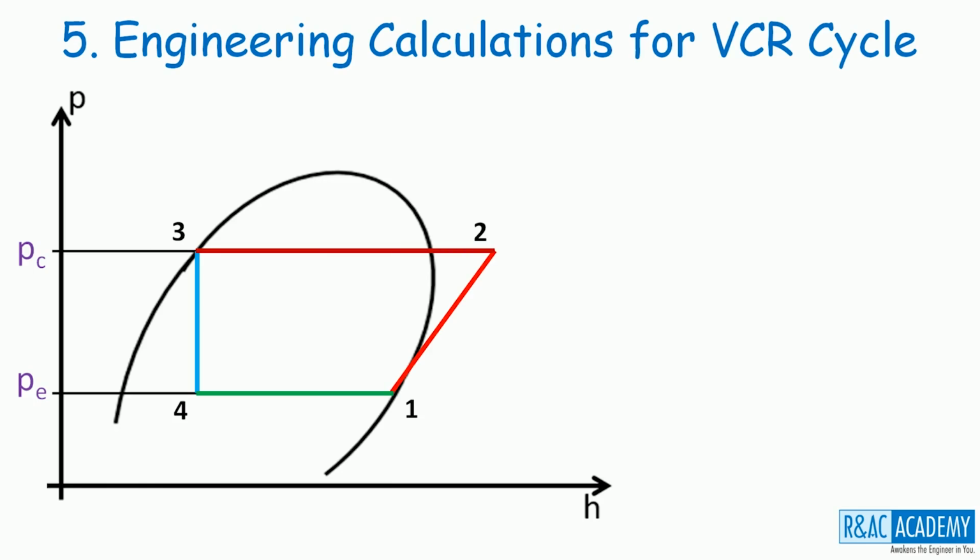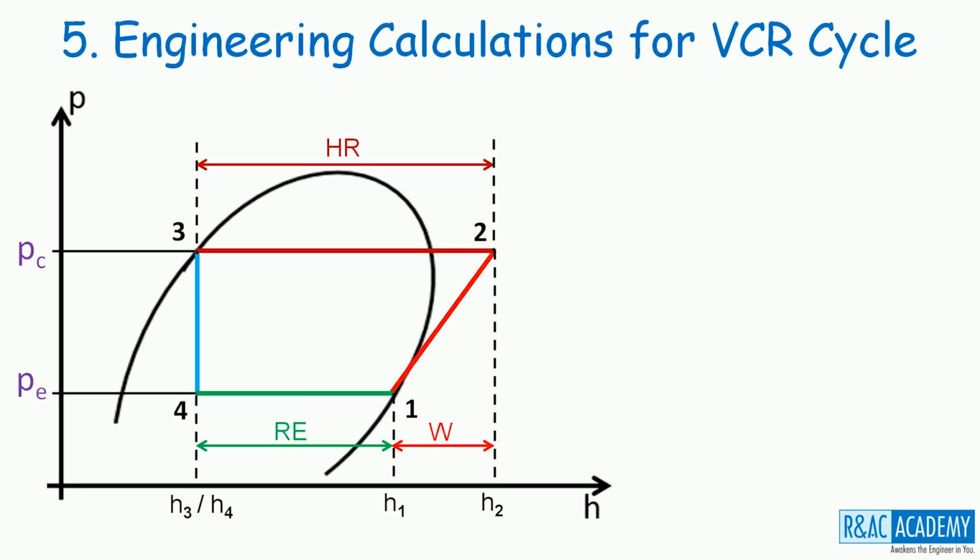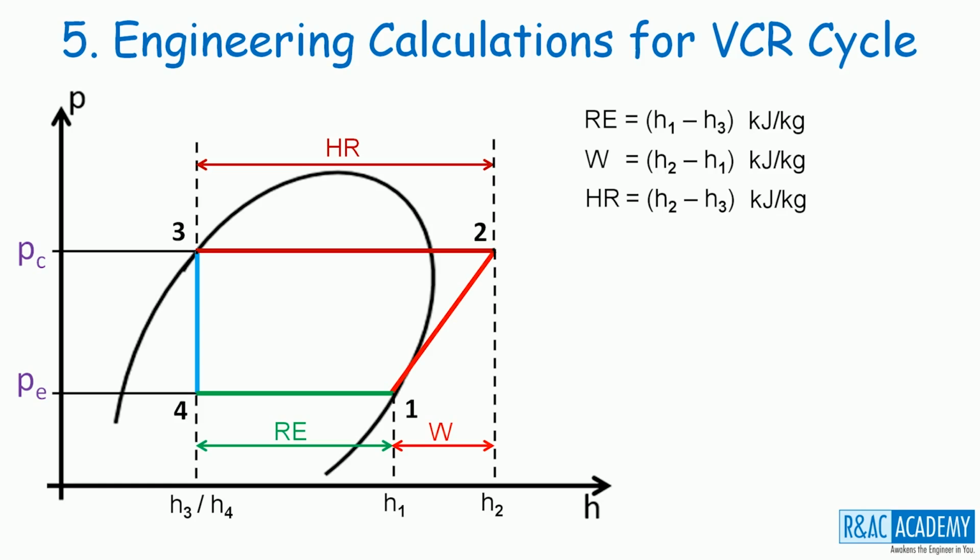That is, we had one simple VCR cycle plotted on a pH diagram and then we dropped all the state points onto the x-axis to have H1, H2 and H3. From this, we got RE, W and HR, which can be expressed like this.